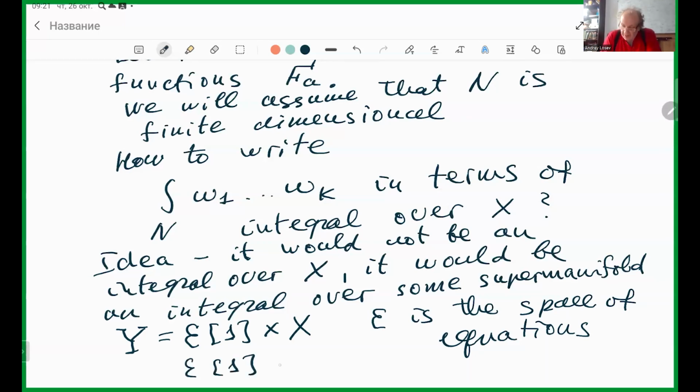E shifted by 1 means that it is an odd space.